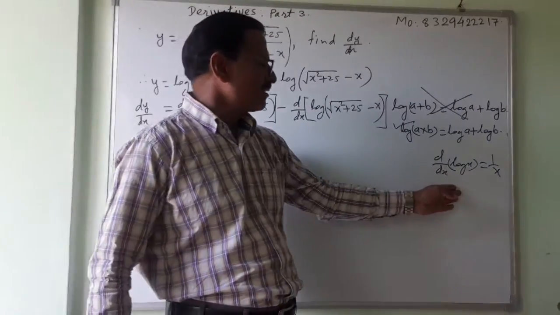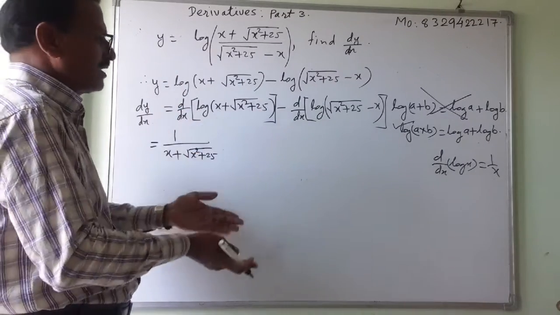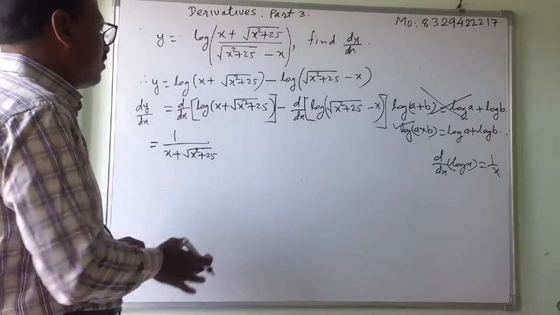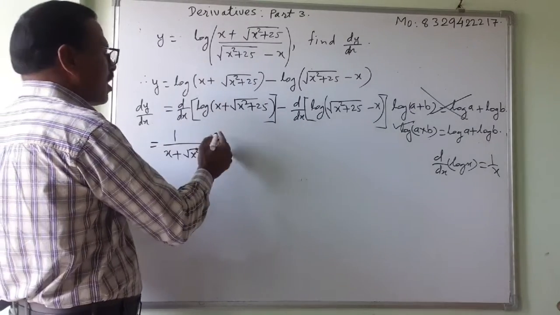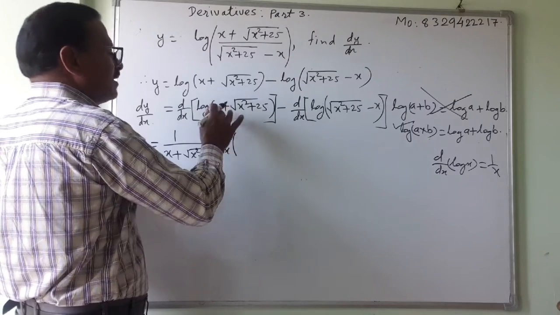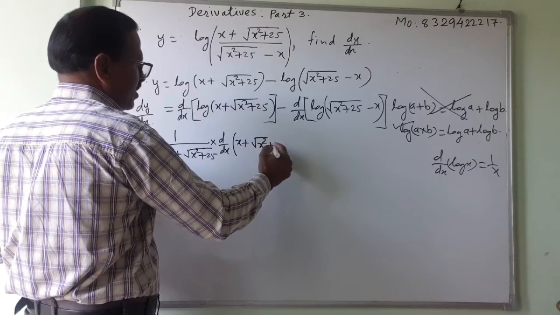There it is x, but here it is not x, it is something else. But anyhow the formula will remain the same, 1 upon this much part. But this is not x, this is different. So I have to multiply it by the derivative of this again, x plus under root x square plus 25.